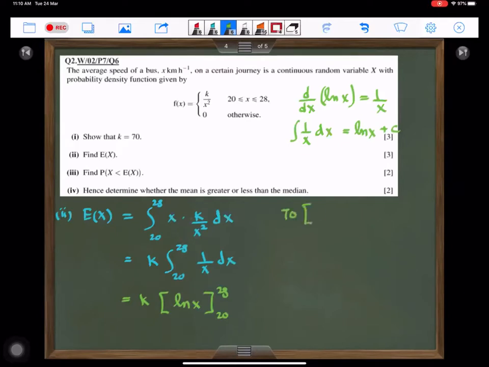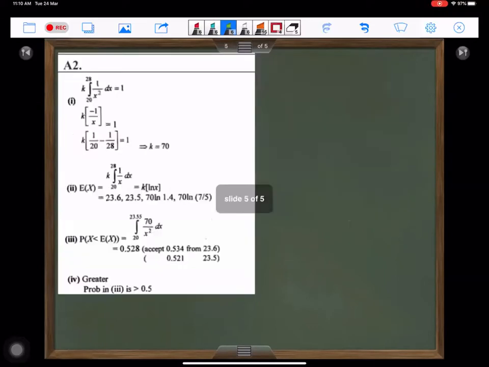This is ln 28 minus ln 20. Of course, you can use a calculator. So this is 70, whatever the calculator says. Let's see it from the mark scheme. This comes out to be 23.6, or 70 ln 1.4, or 70 ln 7 over 5.